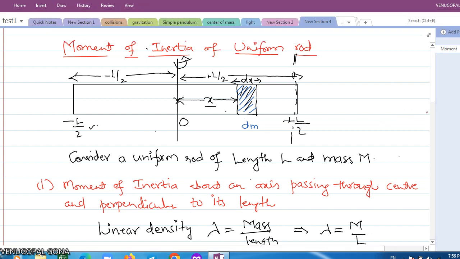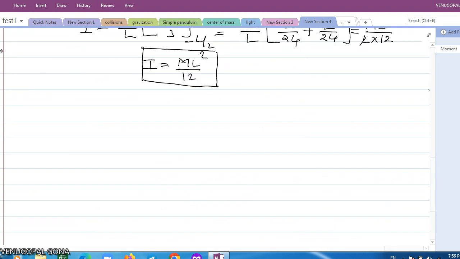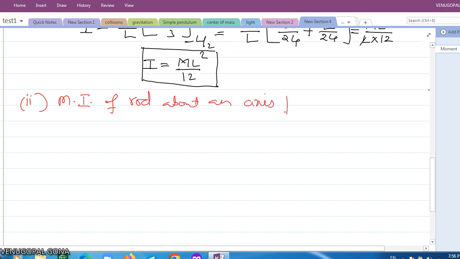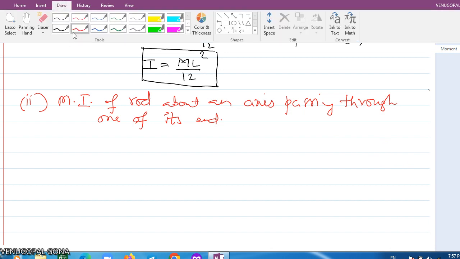Moment of inertia of a rod about an axis passing through one of its ends. For this we are going to use the parallel axis theorem.